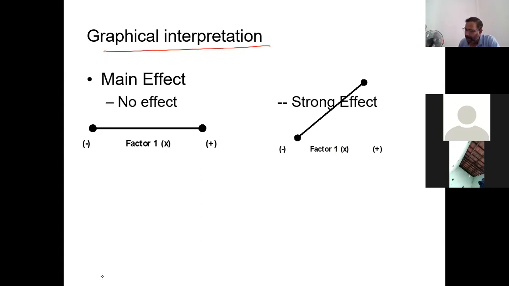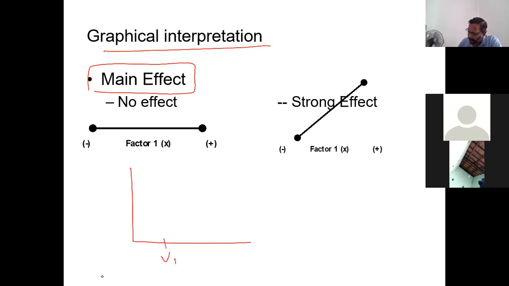Right. Now, further talking about the graphical interpretation of the profile map. Usually, we look at it to see whether the main effects are significant or not. Look at here, we have variety 1, variety 2. We decide 2, let's say, we decide 1.